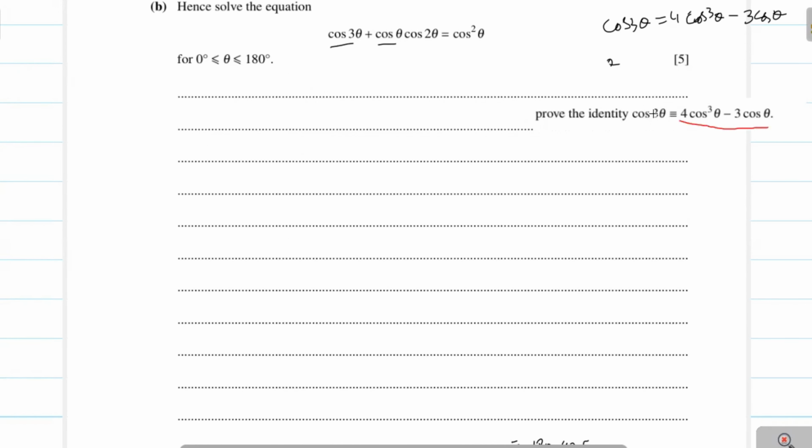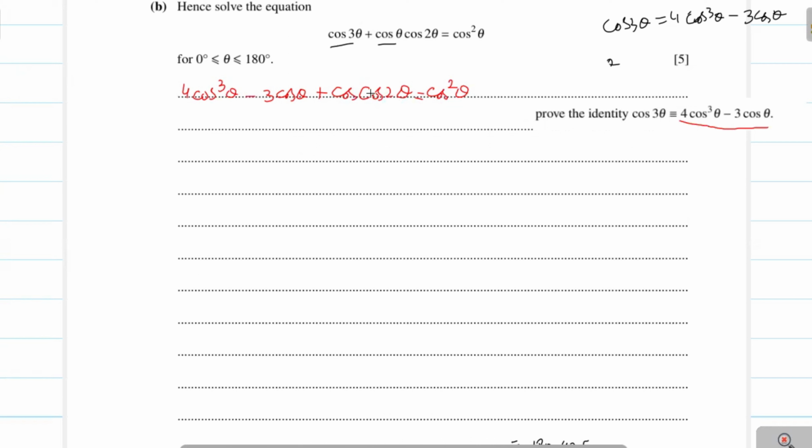This is given in the first part, therefore we write this equation as 4cos³θ minus 3cos θ plus cos θ cos 2θ, and cos²θ is written as it is.